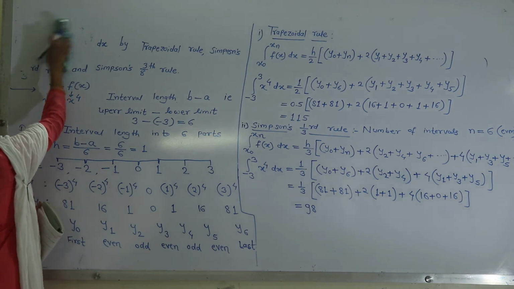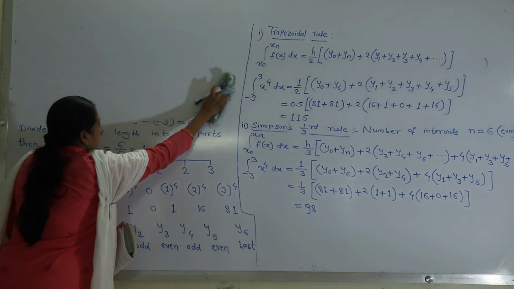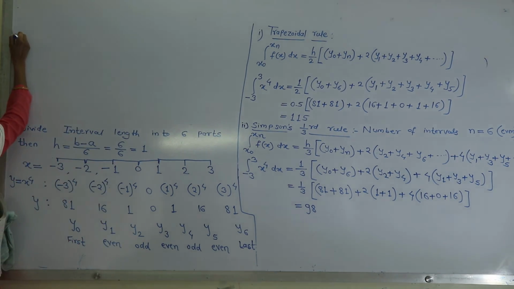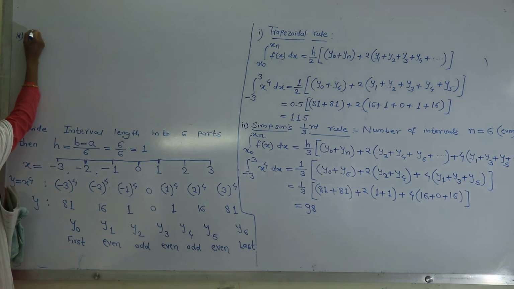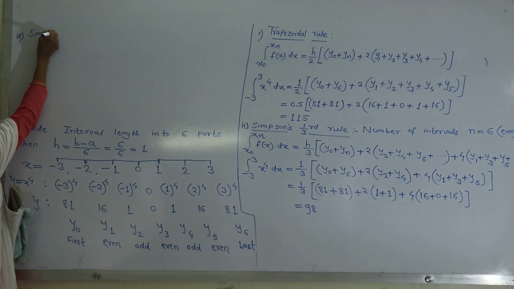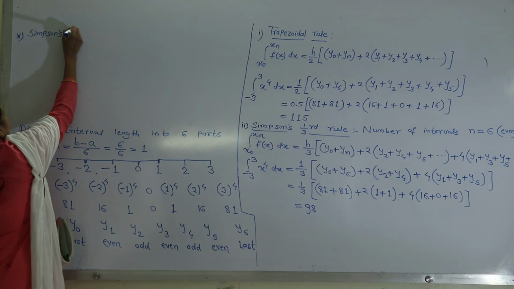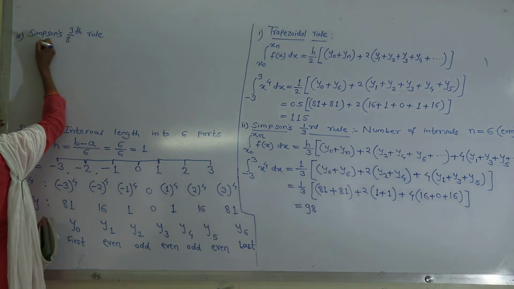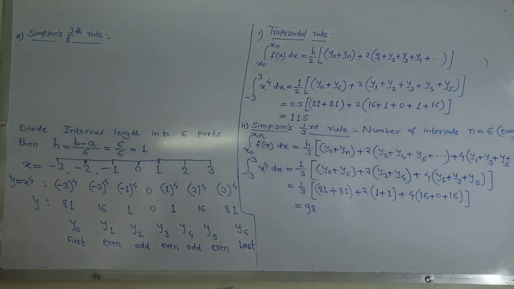Next rule is 3 by 8. For this we can also solve by Simpson's 3 by 8 rule. Now first see the number of intervals, always for the 3 by 8 or 1/3 rule.